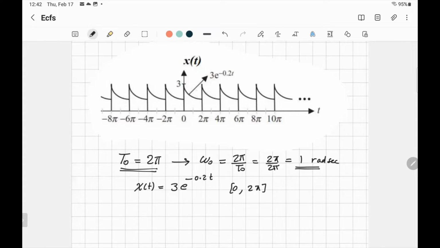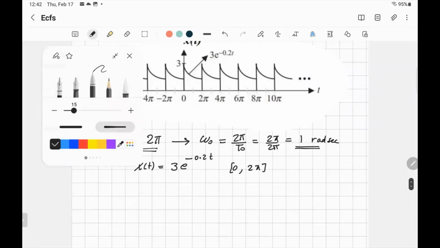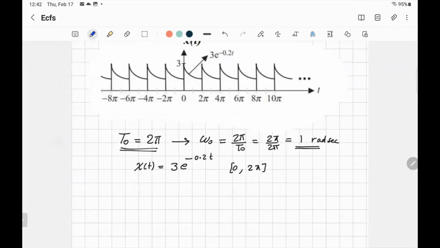So the first thing you do is find the coefficient. As I said, you can find C naught in the beginning. So C naught is equal to what? A naught, the same formula that we did before, is equal to 1 over T naught, the integration over 1 period of the function x of t dt.